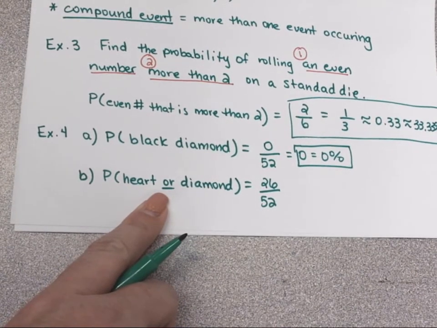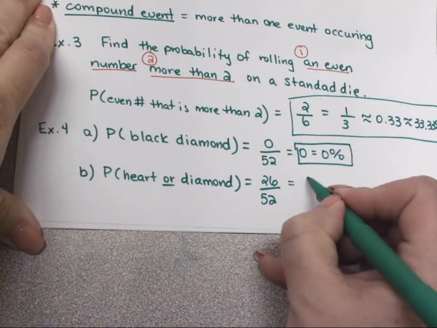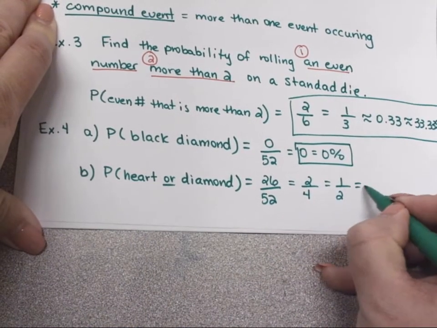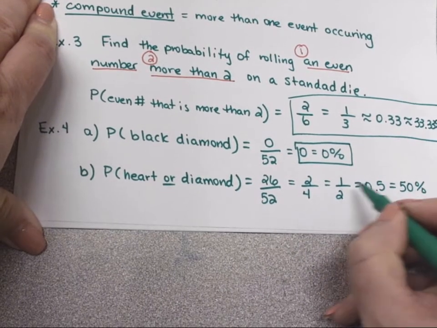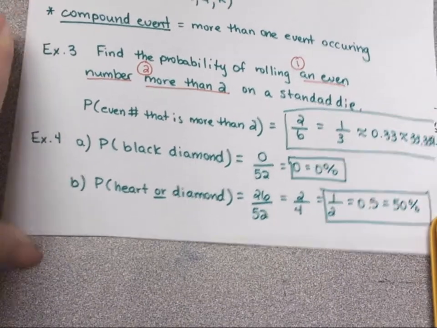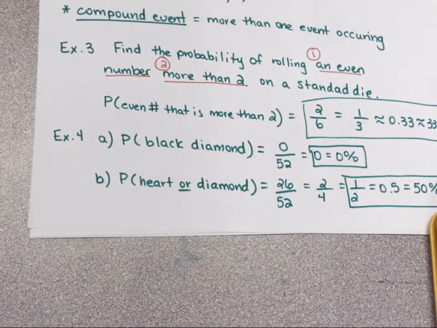That are desired, quote, and how many suits do I have total? 4, right? So I could have also said 2 out of 4, but either one of those reduced to 1/2. So in the end, I want reduced answers when possible. Okay, if you have a repeating decimal like we did in Part A, just round it to 2 decimal places. That's usually the given.